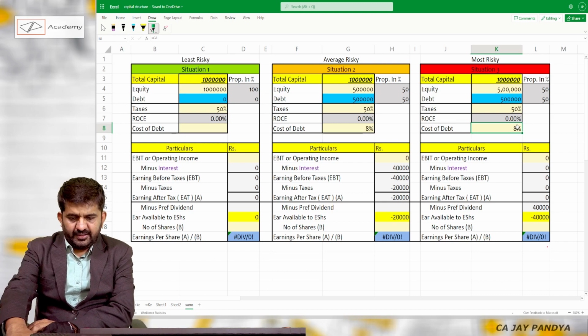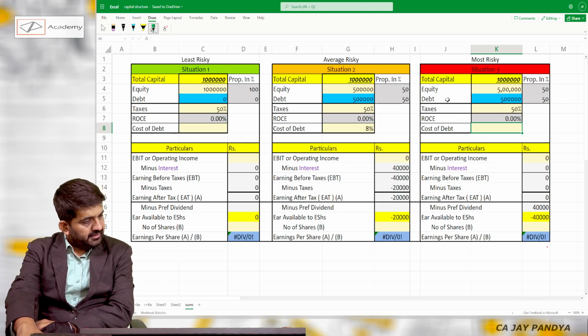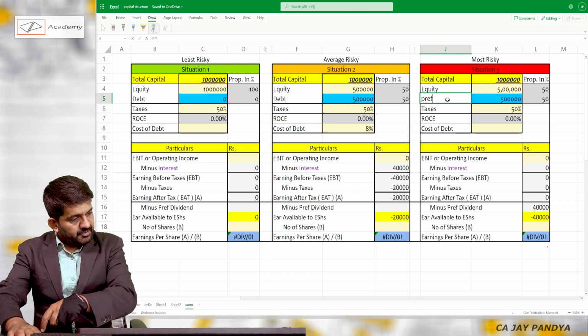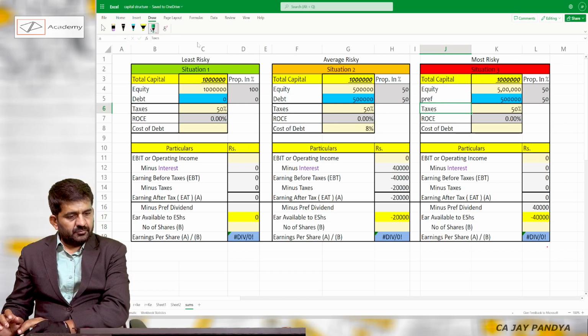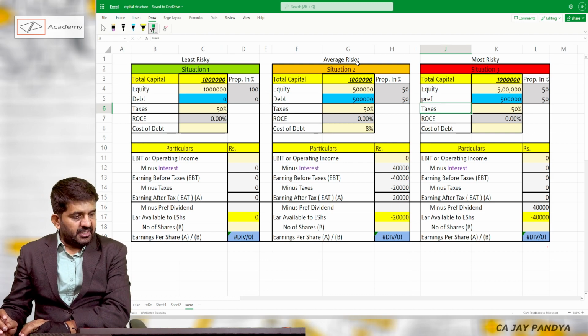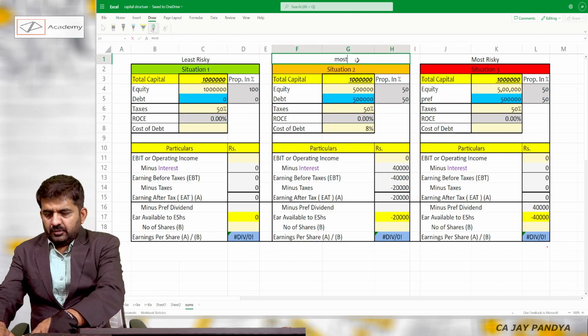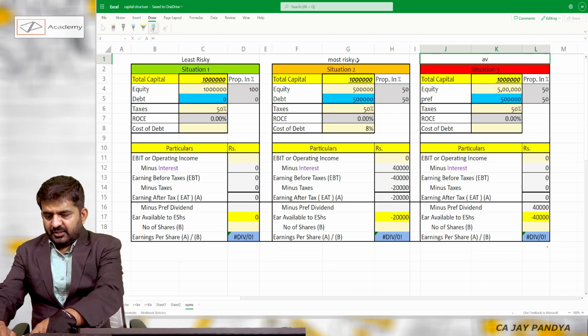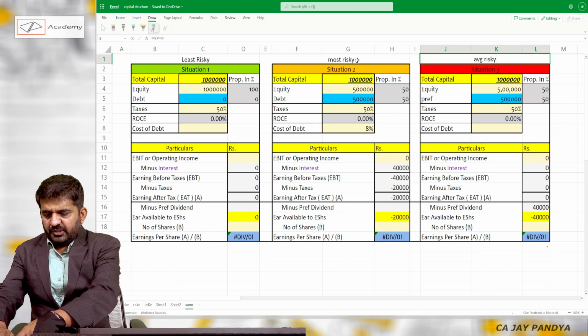Cost of debt, I'm deleting it. Instead of debt, it will be preference. So this is less risky, this is most risky, and this is average risky.